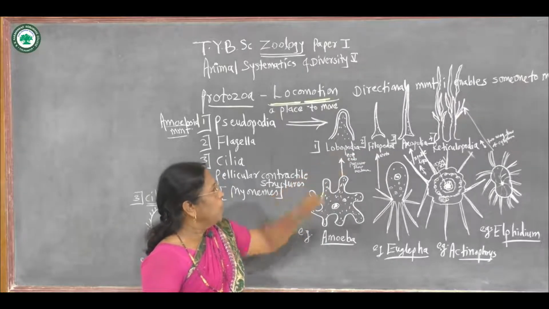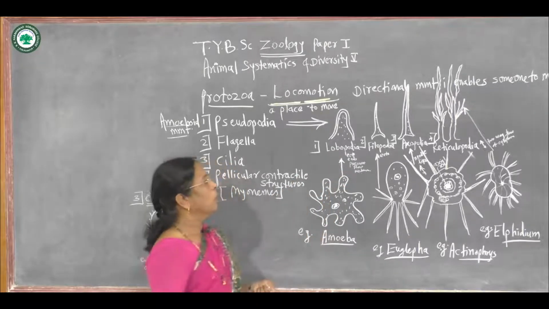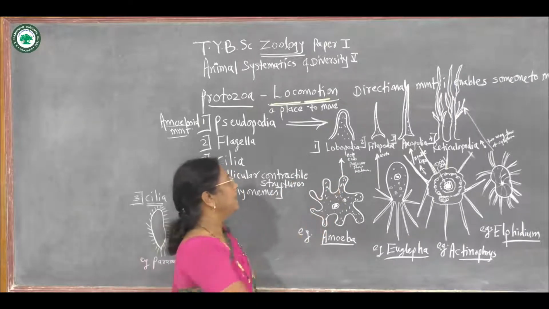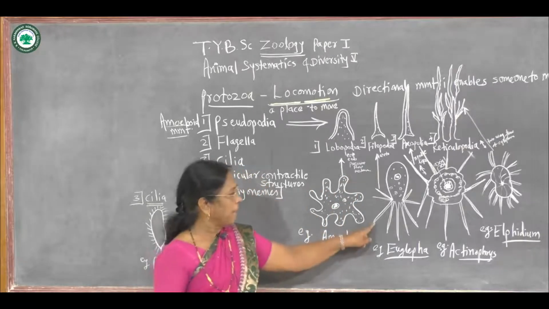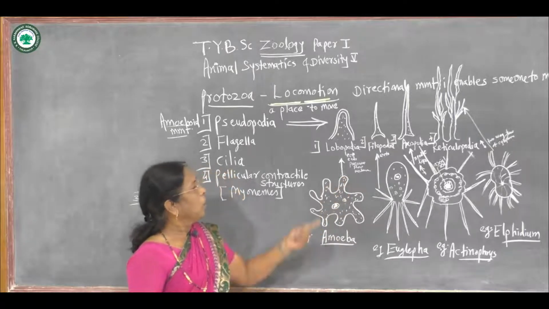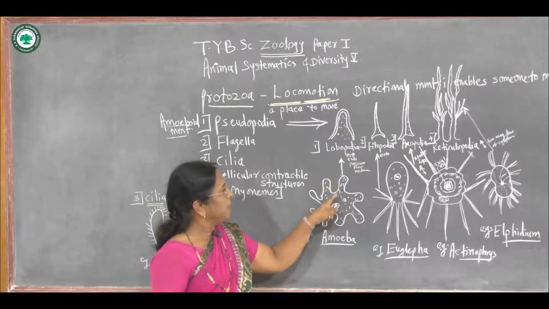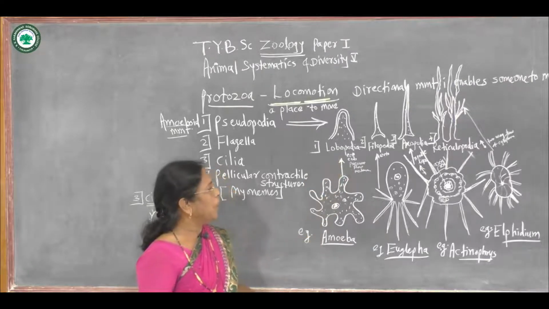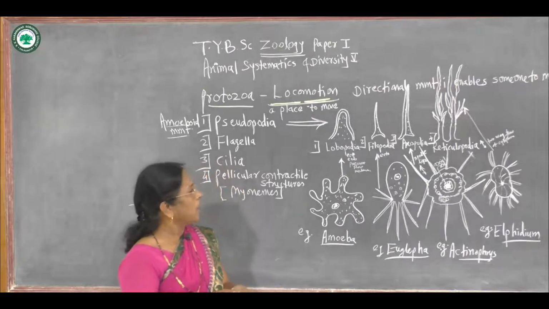These are lobe-like locomotor organelles. They have rounded or blunt ends. They are not tapering. They are formed by the streaming flow or pressure flow of ectoplasm or endoplasm.